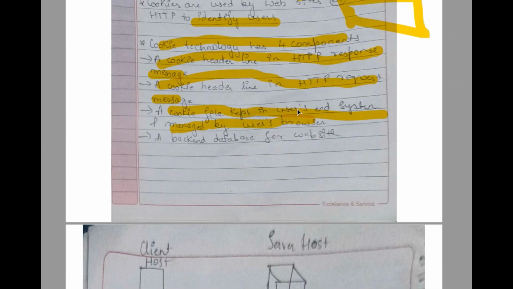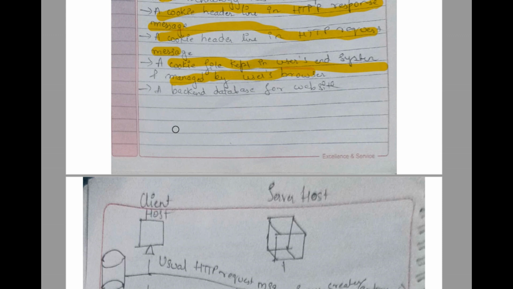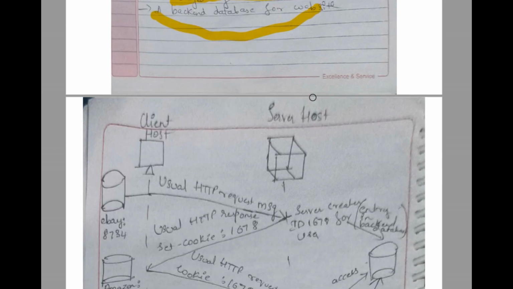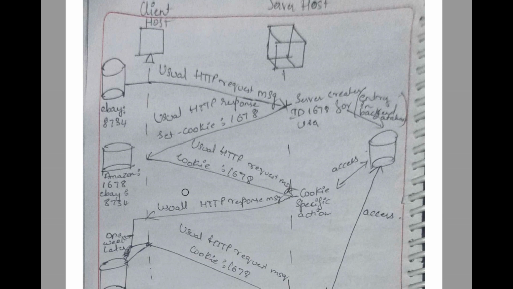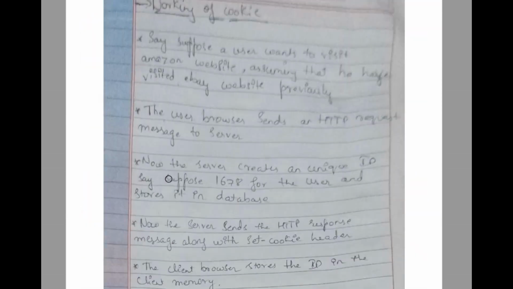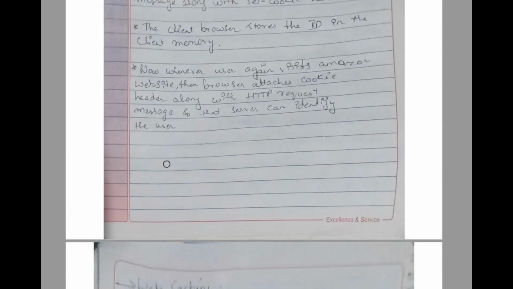Now how is the cookie managed? The cookie is stored in the user's end system and managed by the user's browser. Cookie data is stored in a backend database for the website. If you look at this diagram, you can write this part on your own, working of cookie.